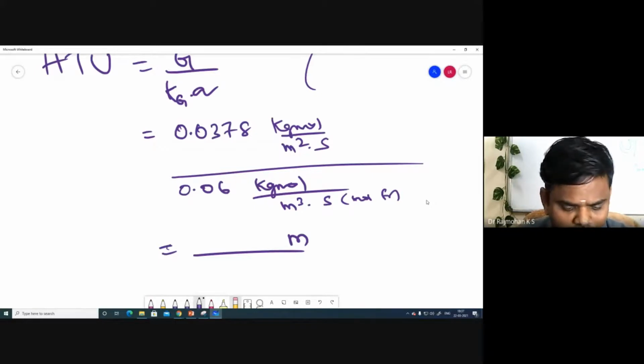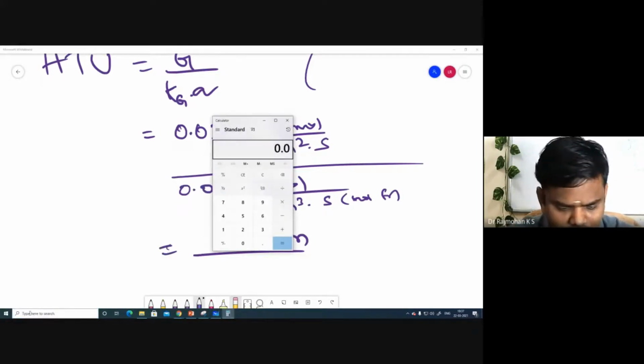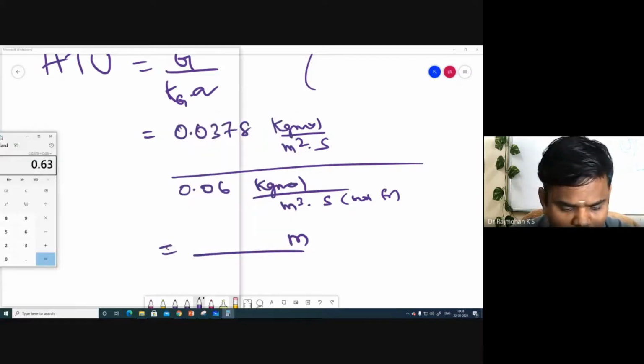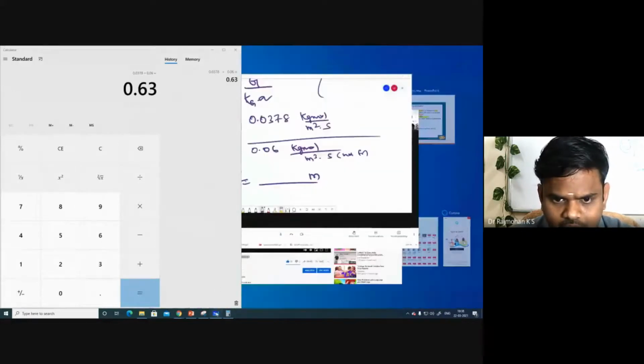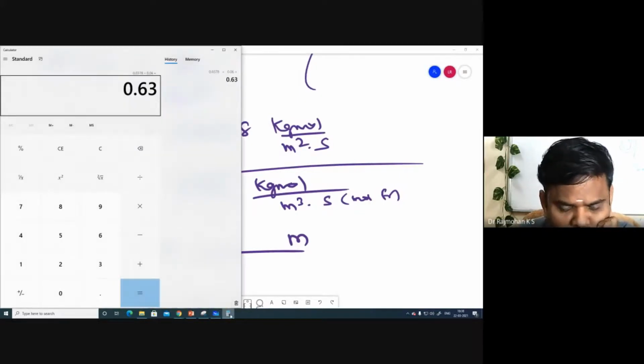So what is the value? The HTU value is 0.0378 divided by 0.06, which equals 0.63.